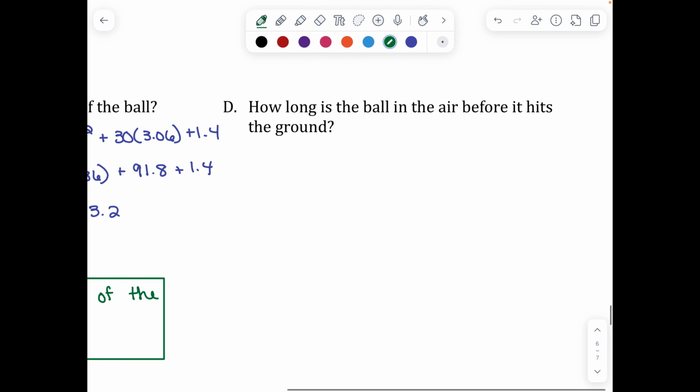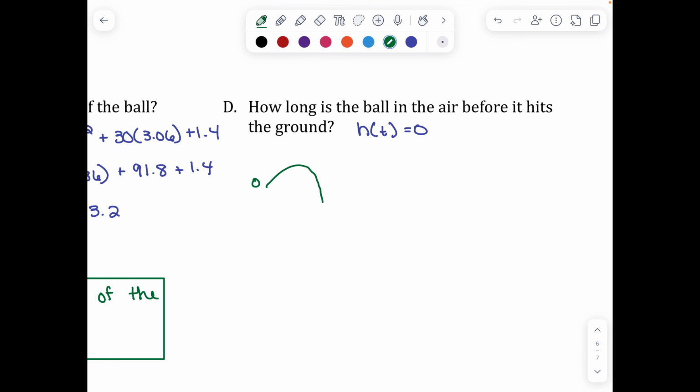Okay, and now we want to know how long the ball is in the air before it hits the ground, or after how long does the ball hit the ground. So this is where we need to set h of t equal to 0, because we want where the height is 0. If we're looking at this ball being hit, right?